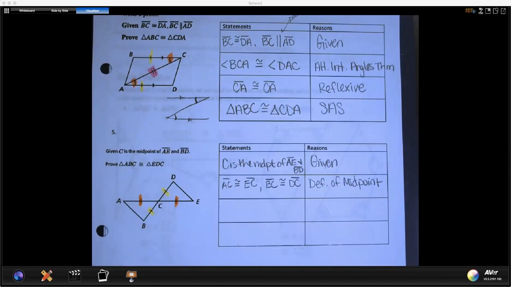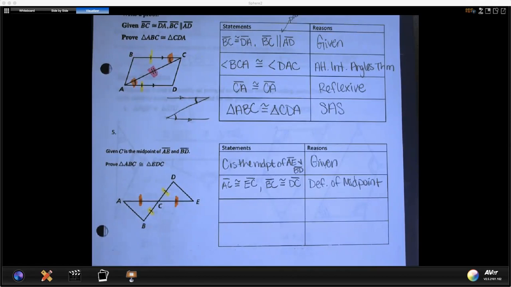If we are to prove that triangle ABC is congruent to EDC, what angle am I wanting to be congruent? What angle needs to be congruent for this to work out for us? What angle do I want to be congruent in order for this to work out with SAS? Look at the image.